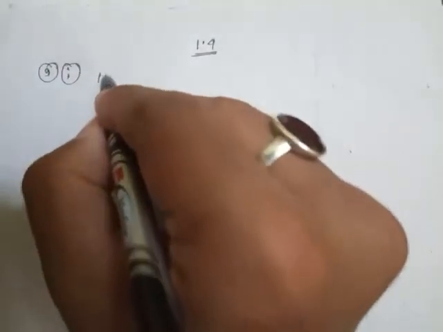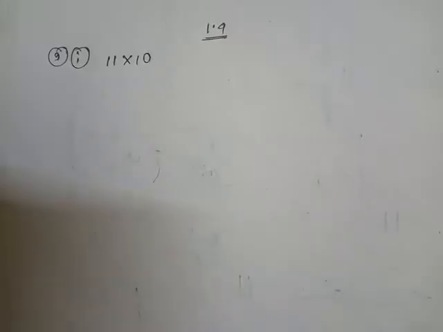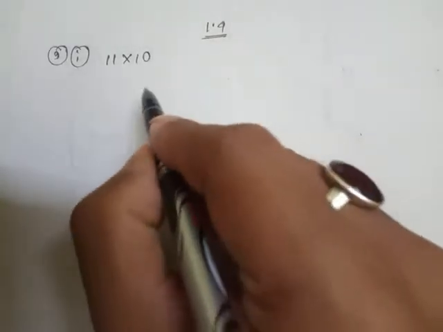First question is 11 into 10. Students, we generally multiply these values like the normal multiplications we do with decimal numbers, like 12 into 14 or 5 into 10. But the difference is that here we can use only 1 and 0, meaning all the digits given in the question are binary. Now let's start the solution.